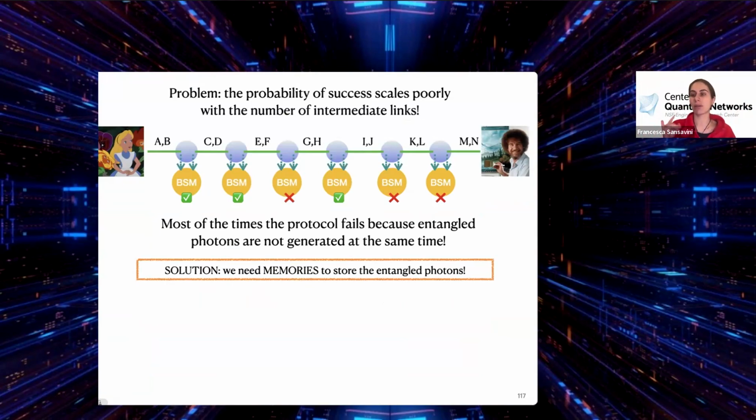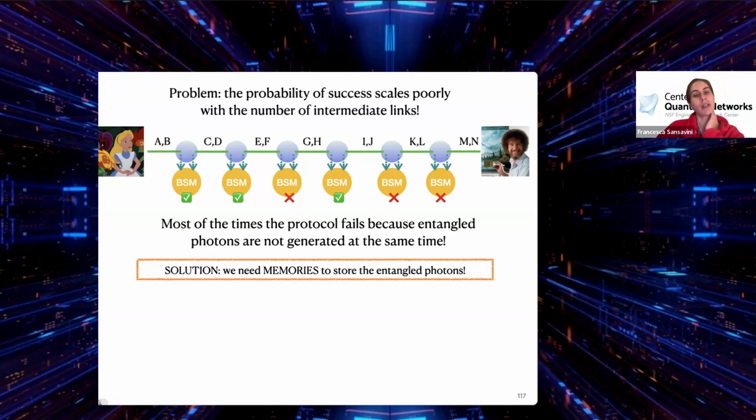We have seen that entanglement generation or photon generation is probabilistic if we use, for example, spontaneous parametric down conversion. So a lot of times this generation will fail. And this will impact our synchronization. So in a lot of cases, we will have some joint measurements, here indicated as Bell state measurements, which are not successful.